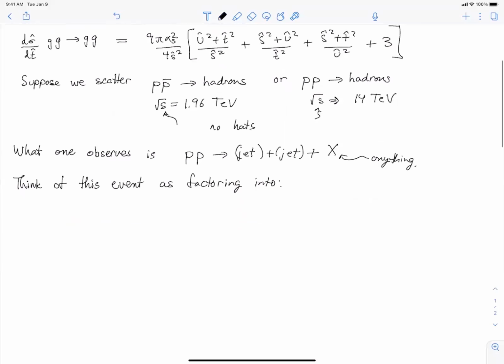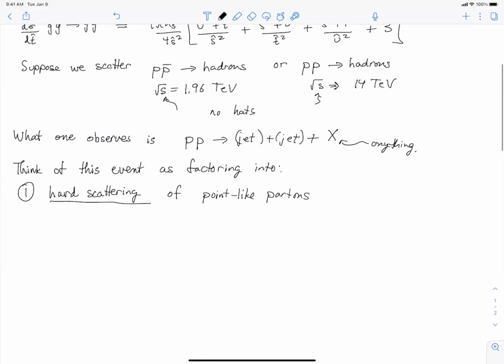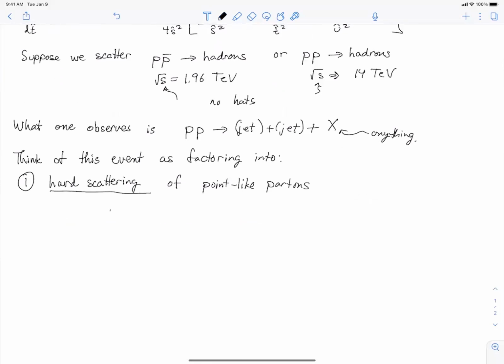The first part is the hard scattering, which means the scattering of point-like partons. Those are the things that we've already calculated.